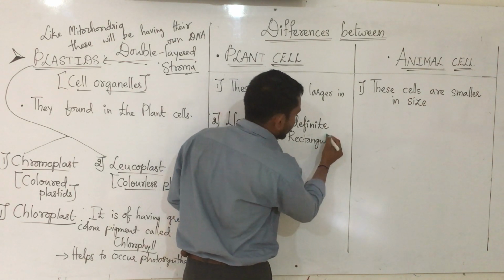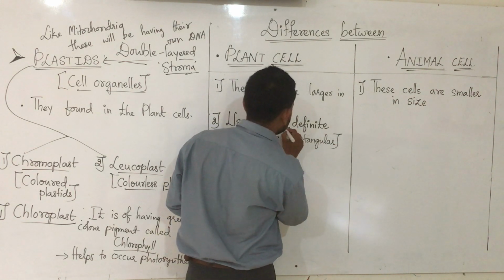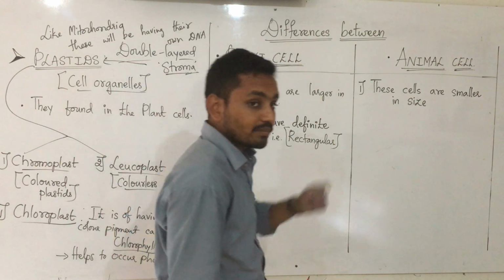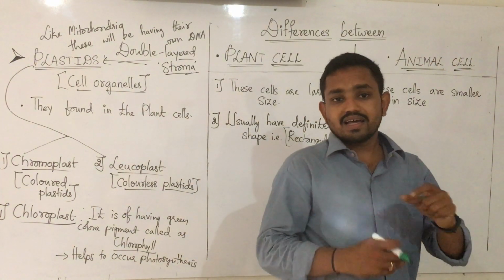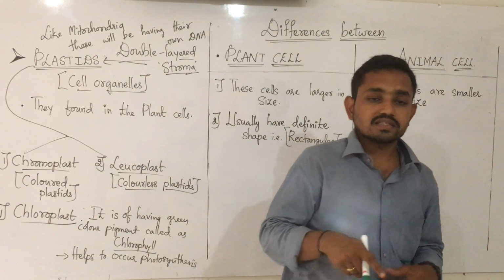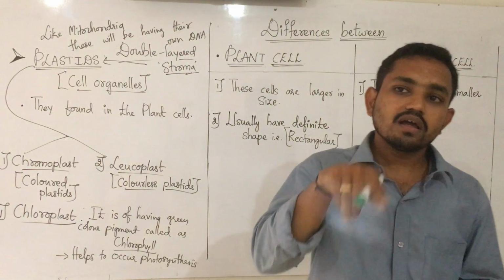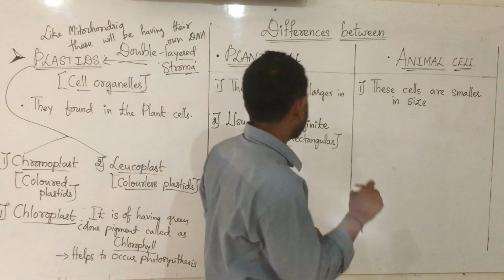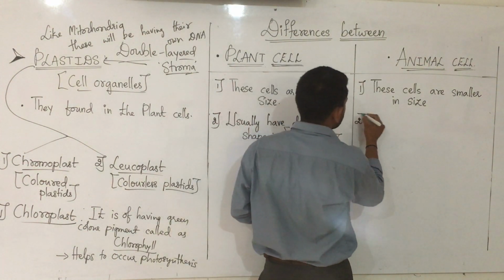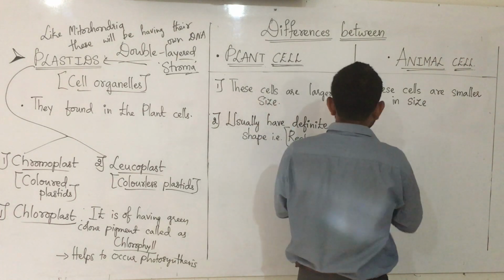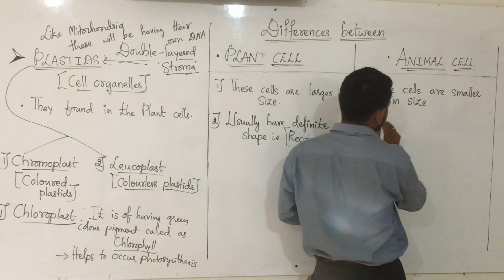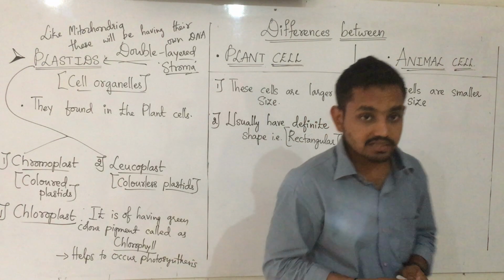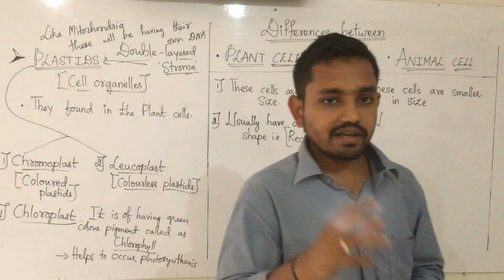Coming to the animal cells, in most cases they don't have a definite shape like the plant cell.